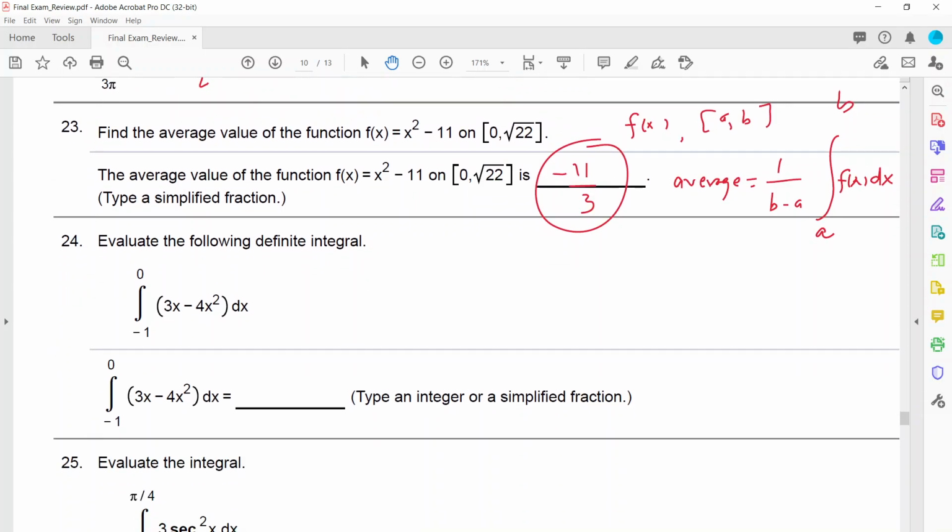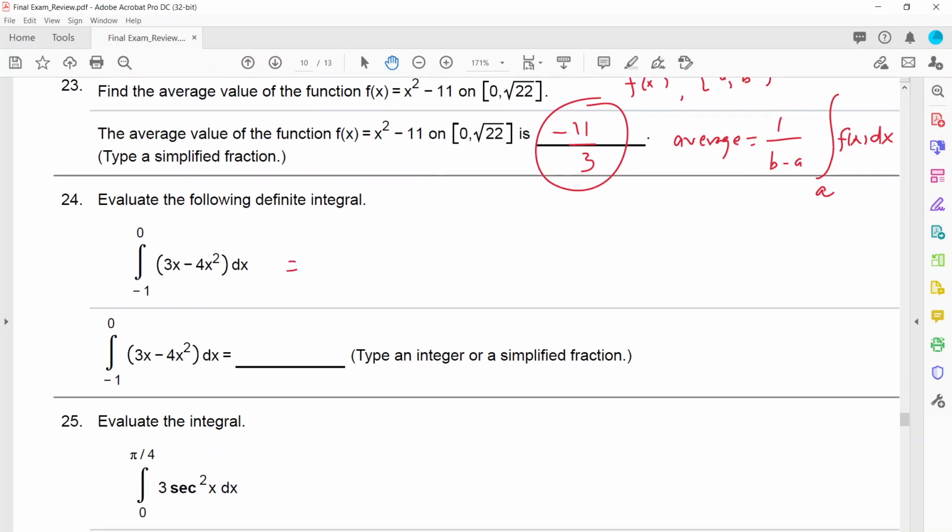For this part we can use a very similar trick. Use the fundamental theorem. Integration of this part is 3x squared over 2 minus 4x cubed over 3, and now plug in x equal to 0, minus x equal to negative 1.